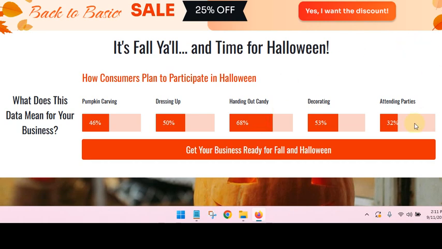So then we're looking here, and this is data from 2023. We can't really look at 2024 yet because it hasn't happened, right? So we're looking at last year's data because last year can be a pretty good indicator as to what's going to happen this year. Last year, about 32% of the people that they polled were saying that they were going to be attending parties.